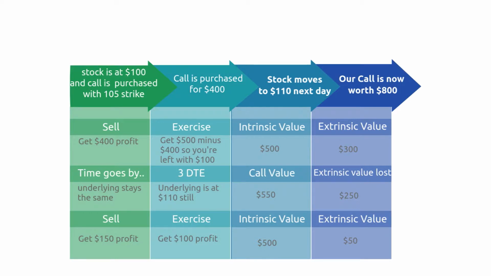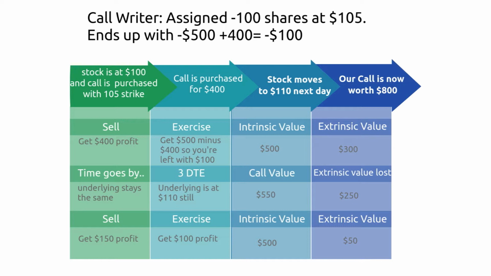He could exercise this option and purchase 100 shares at $105 when the stock is trading for $110. Now the option writer gets assigned and essentially sells at $105, and the stock's trading for $110. So he loses $500 plus the premium he collected, which was $400, so he really only loses $100.